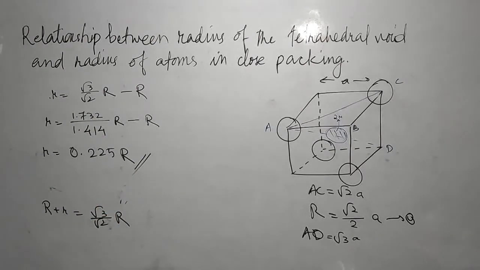That is the relationship between the radius of the tetrahedral void and the radius of atoms in closed packing.